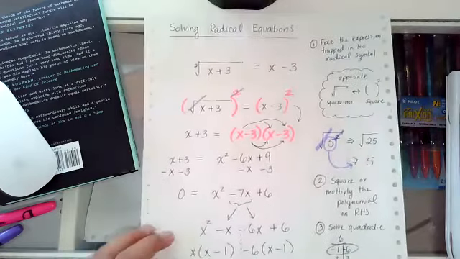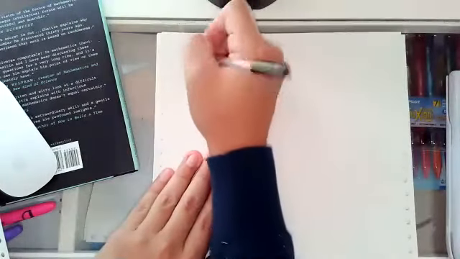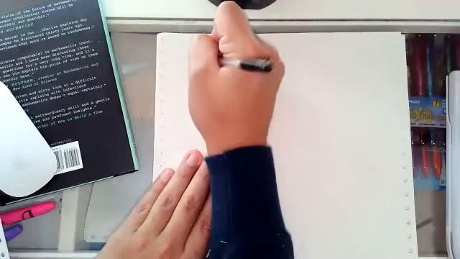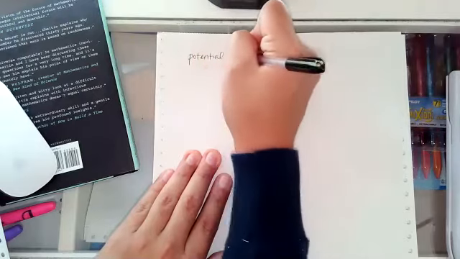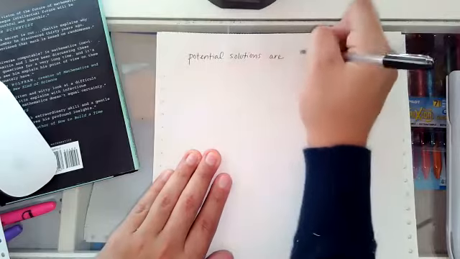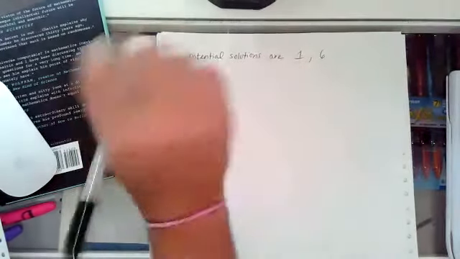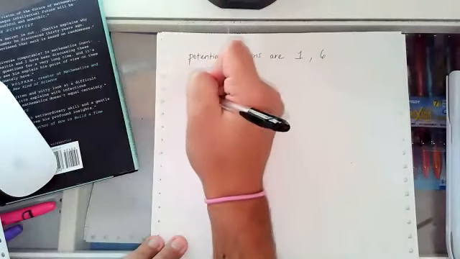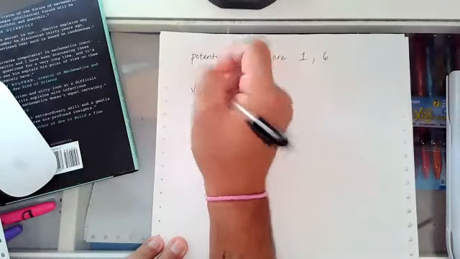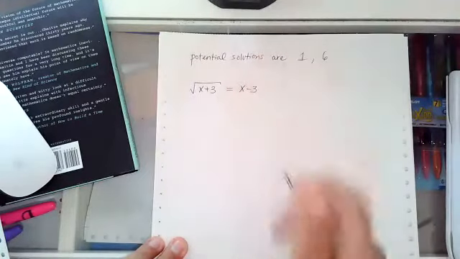Okay. So let's do that. We have our original statement, and our potential solutions are 1 and 6. The original statement was that the square root of x plus 3 is equal to x minus 3.